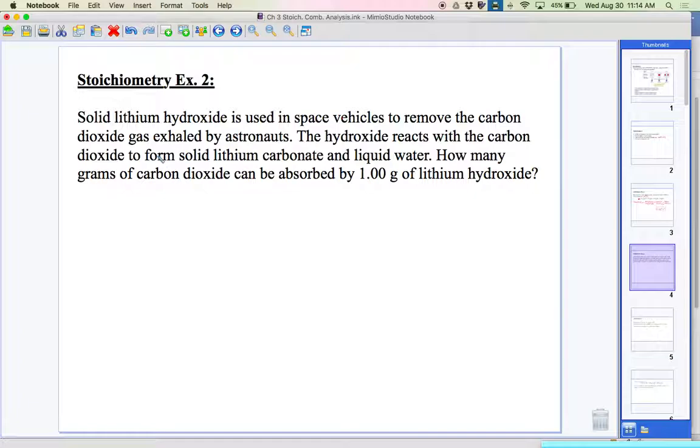LiOH plus CO2 yields Li2CO3 plus H2O. I'm wondering if you're having trouble with that setup. Let me see if I can find it. Yeah, balance.